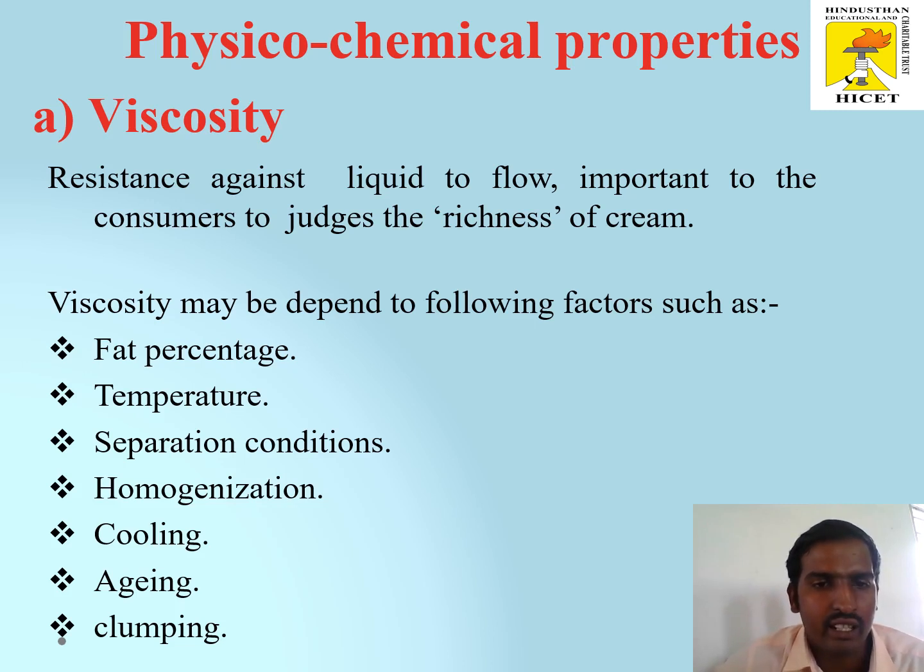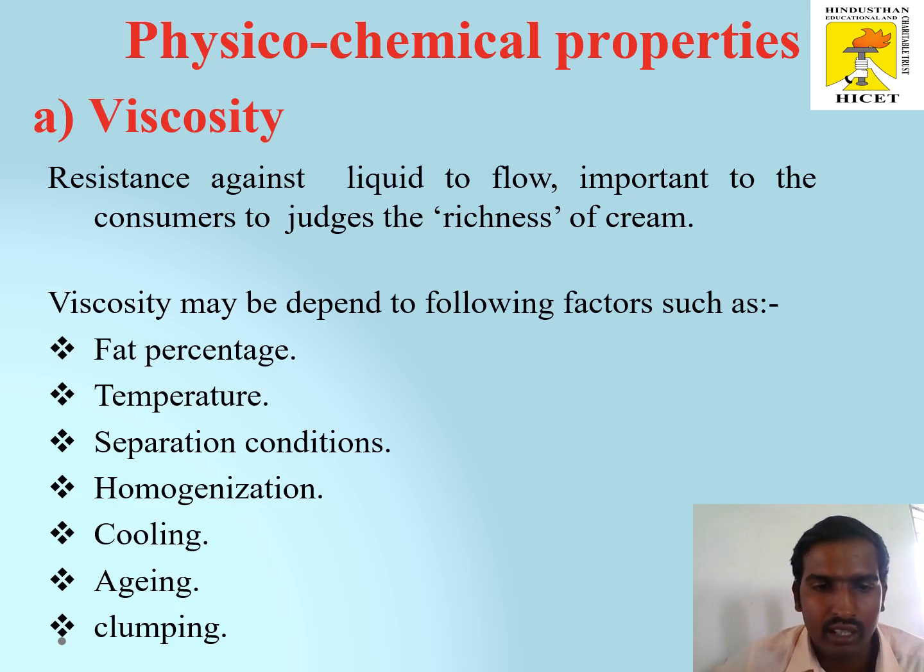And separation conditions: what type of method you are going to use for the separation of the fat from the milk, either a gravity separation method or a centrifugal separation method. And homogenization, the breakdown of the fat into uniform particles, which breaks the emulsification. And cooling: what temperature you are going to cool to depends on the type of cream.